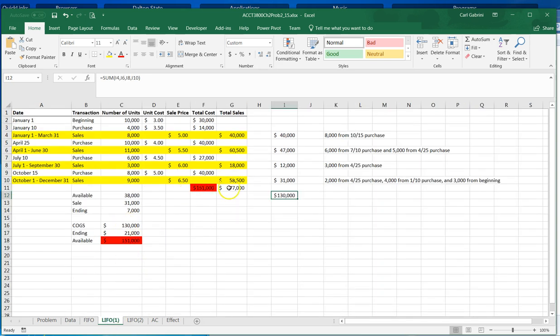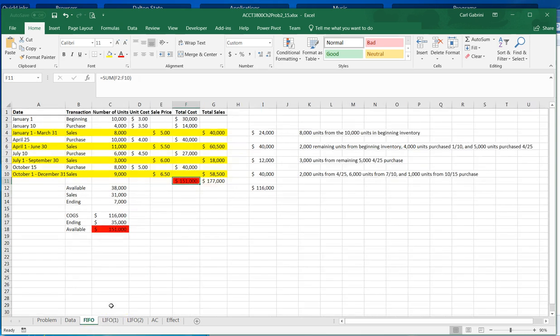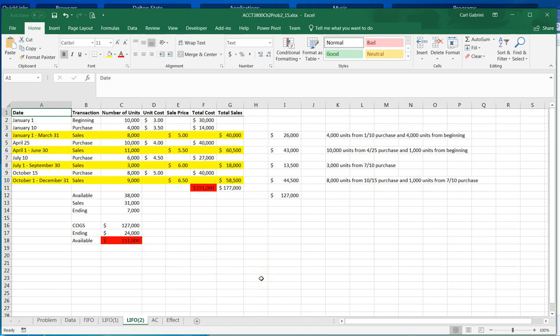Because here we're going to report $177,000 minus $130,000. Here we're going to report $177,000 minus $116,000.